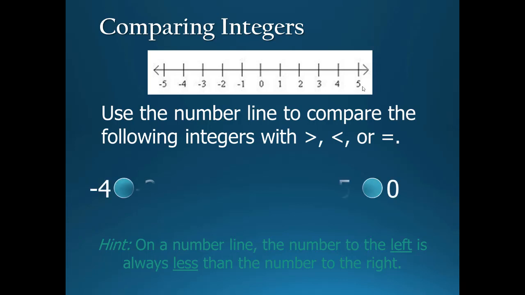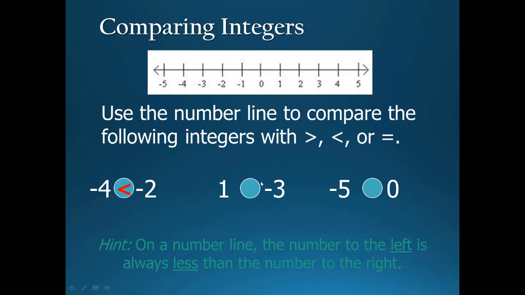Okay, for example, minus 4 and minus 2. Minus 4 is to the left of minus 2. So minus 4 is less than minus 2.